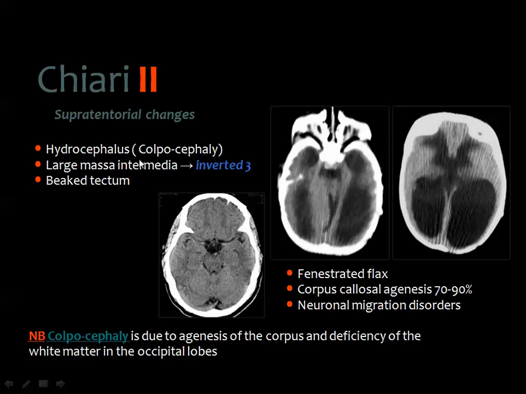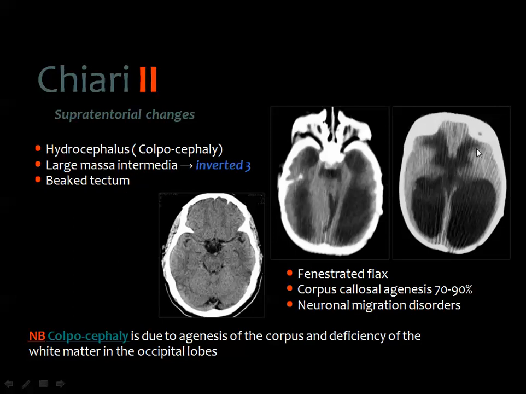Number two, hydrocephalus. This hydrocephalus is characterized by one of the major manifestations known as colpocephaly. By colpocephaly, we mean that there is a marked discrepancy between the size of the frontal horn and the size of the occipital horn, which is very big compared to the frontal horn. Then hypertrophy of the basal ganglia will indent the ventricles.